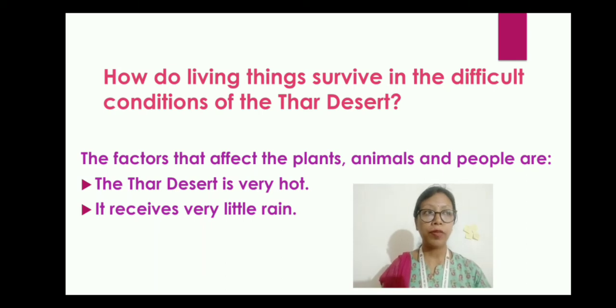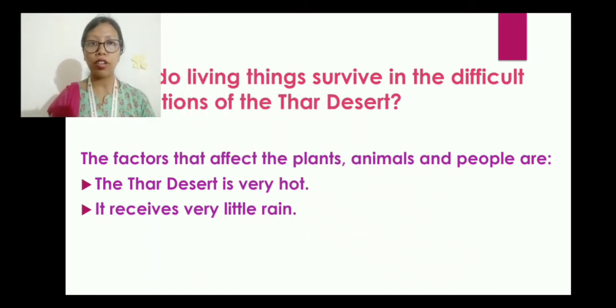In the hot summer days, we feel very thirsty, so we require water. But here in the Thar Desert, though it is hot, we are not going to find any water source for drinking. Therefore, survival in these regions becomes very difficult for people as well as for animals and plants.